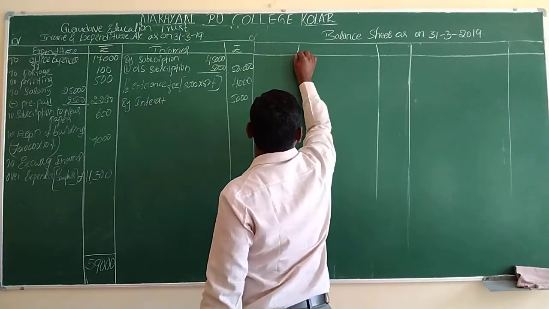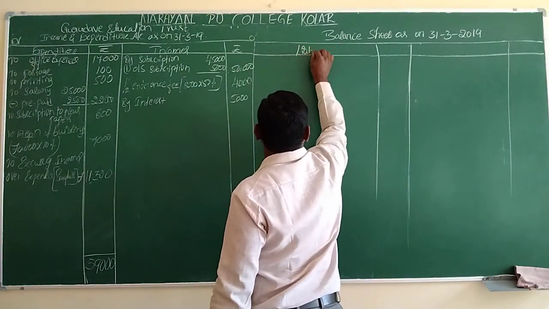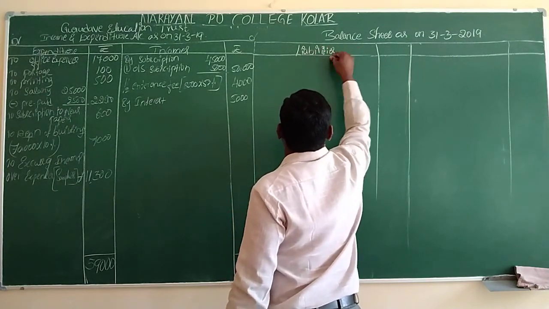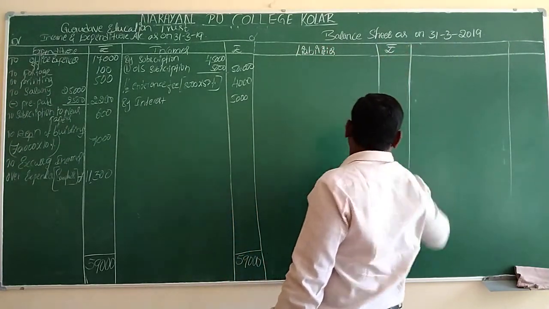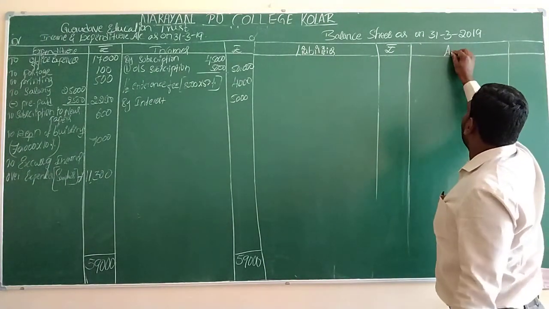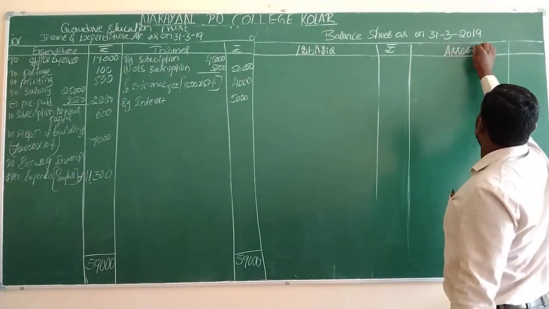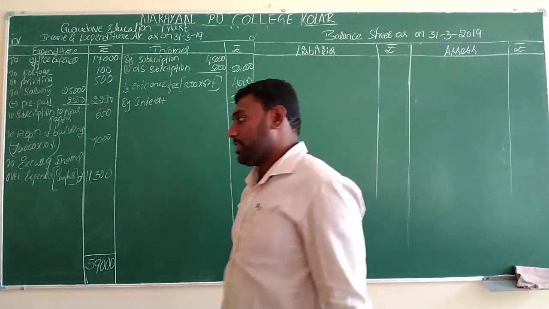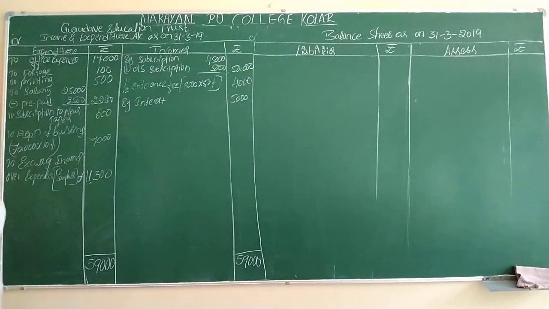The balance sheet headings are: liabilities, amount, assets, amount.